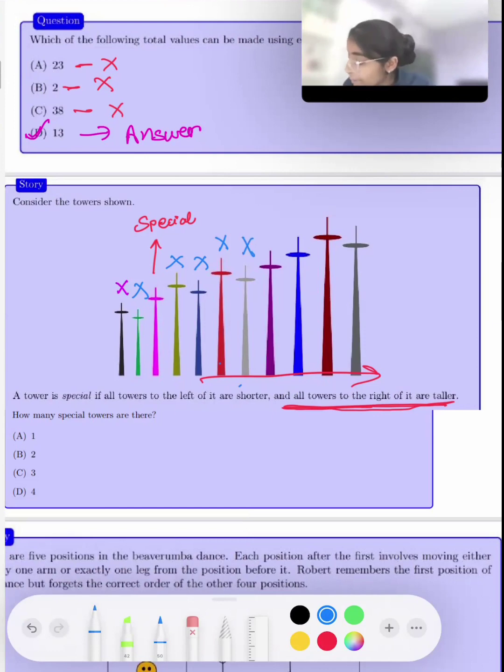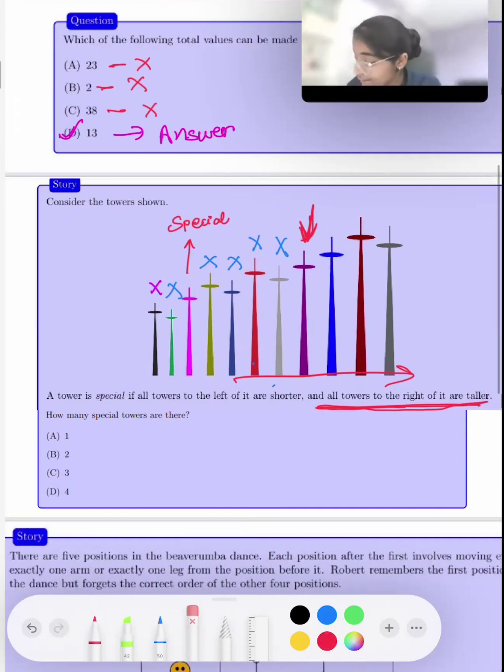Is this purple tower special? Anyone? That's all right.